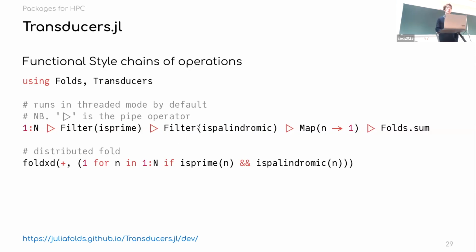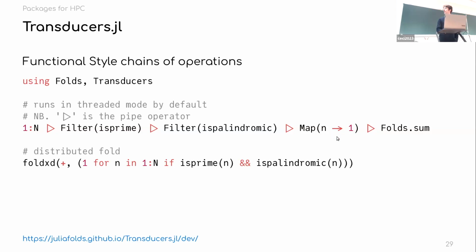Then I can do another filter, and I want palindromic primes. So primes where, when I write them in decimal and swap the order of the digits, it's the same. It's an arbitrary example, but you can imagine doing multiple operations like this. First I want only the prime numbers, then only the palindromic numbers. And then I just want to count them. So I'm first applying a map, mapping some n to 1.